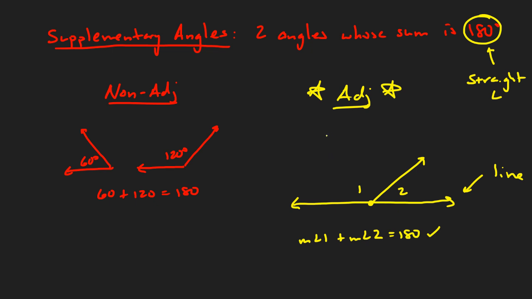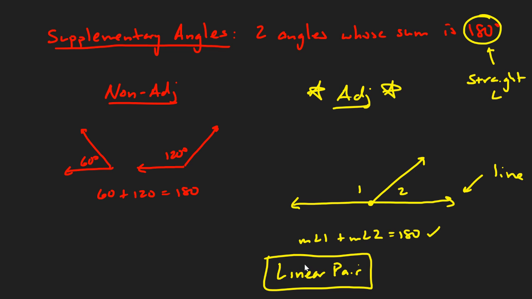Okay? And its own name, I'm going to put down here, is called a linear pair. We'll put a big box around that because it's super important. A linear pair is two angles who form a line together.